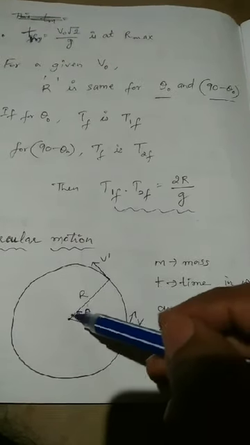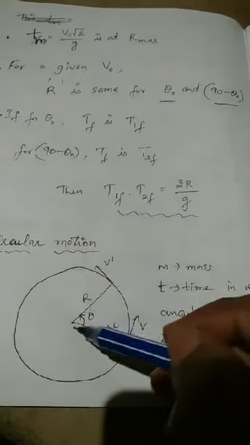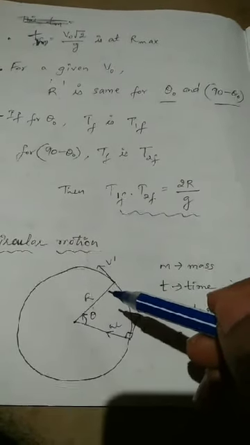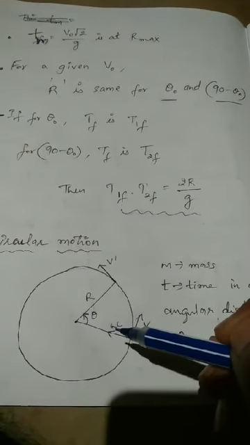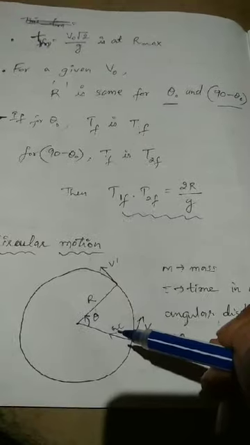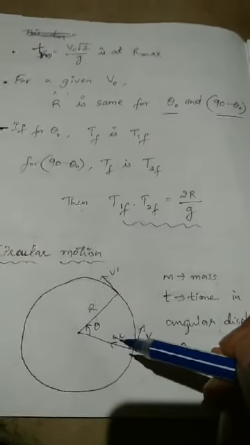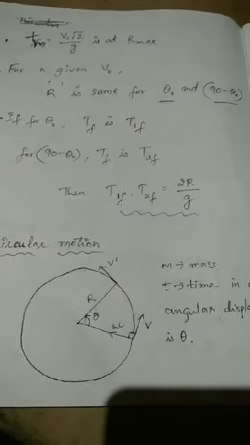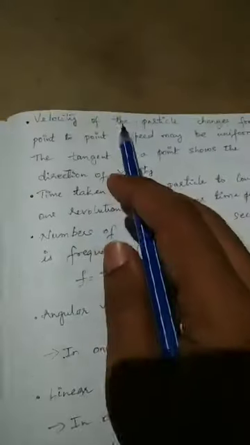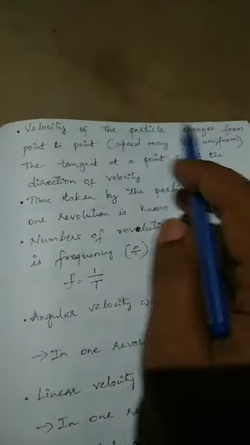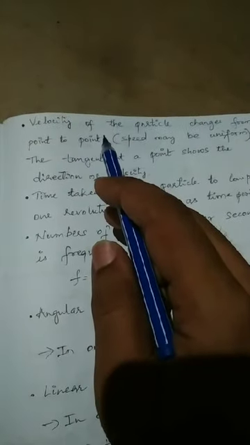R is the radius of the circular path, and here this is AC. Here I can say AC is centripetal acceleration. Next, what all we have to remember here. Velocity of the particle changes from point to point.